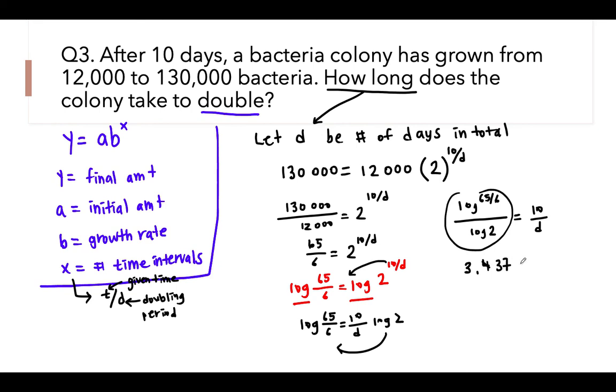Now, I'm just writing the rounded answer, but when you're doing it, make sure you carry all the digits. And then to isolate for D, D is equal to 10 divided by 3.4437. So I'm rearranging. So D is equal to 2.909, so 2.91 days.